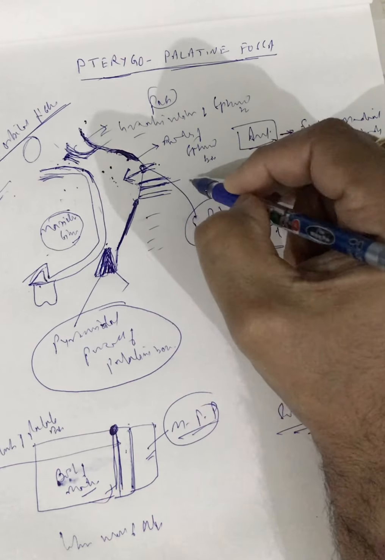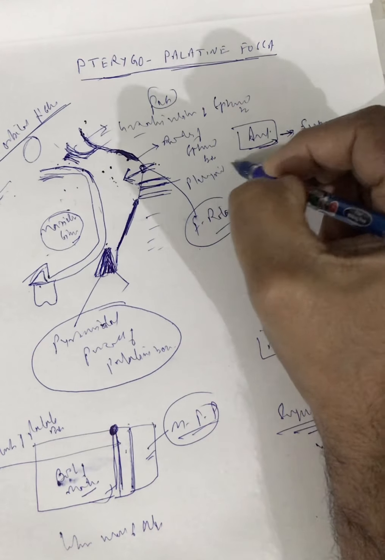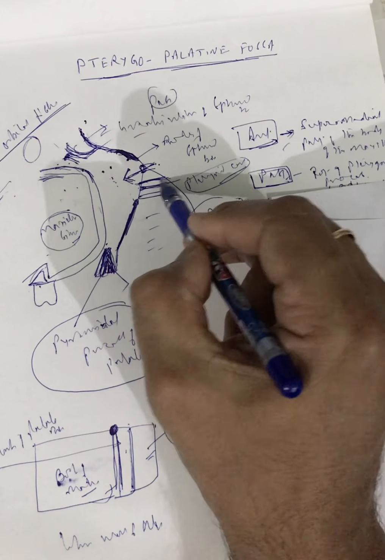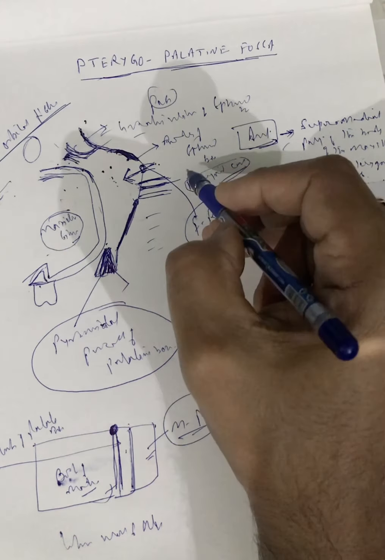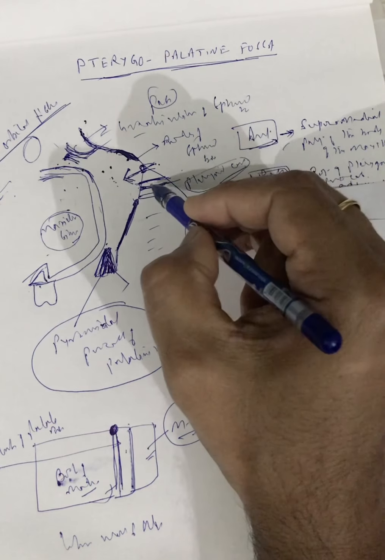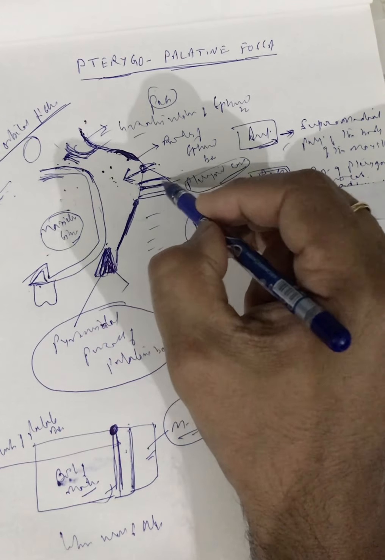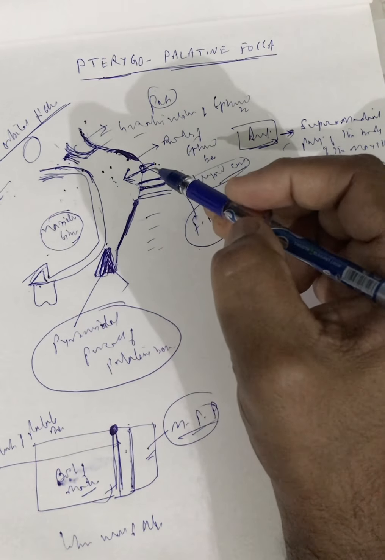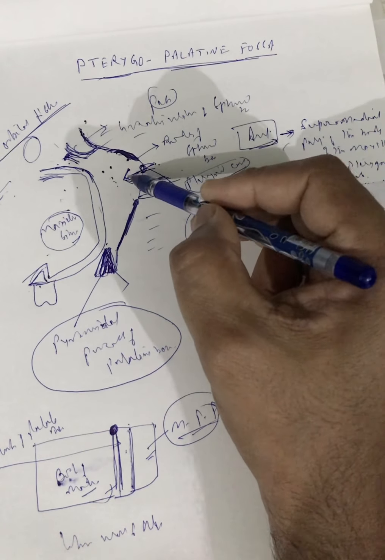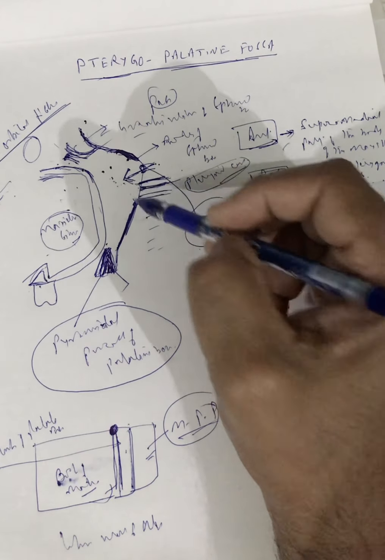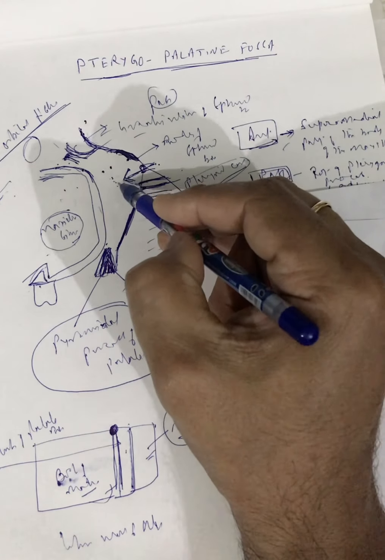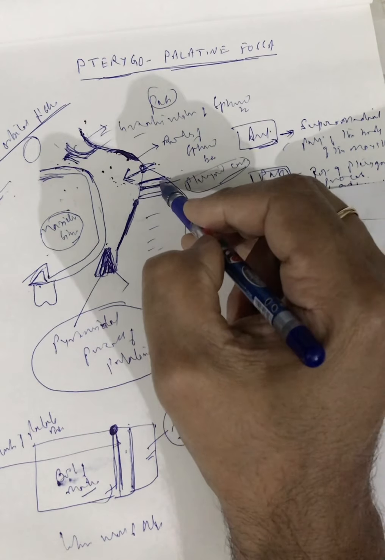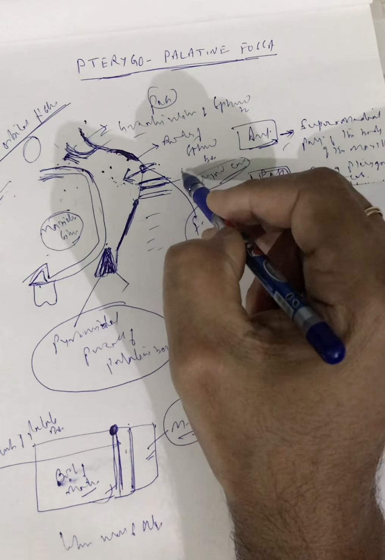This is called the pterygoid canal, and this canal is meant for carrying the sympathetic and the parasympathetic nerve fibers, which you can say are the preganglionic fibers for the pterygopalatine ganglion, which we will talk about later. This carries the nerve of the pterygoid canal, which brings it from the middle cranial fossa right up to over here.